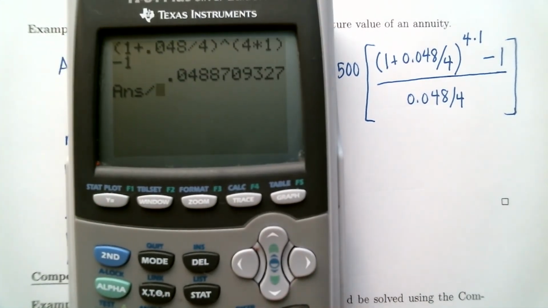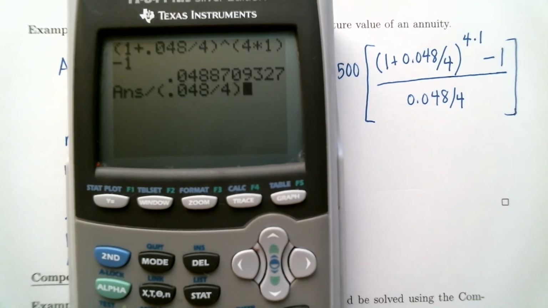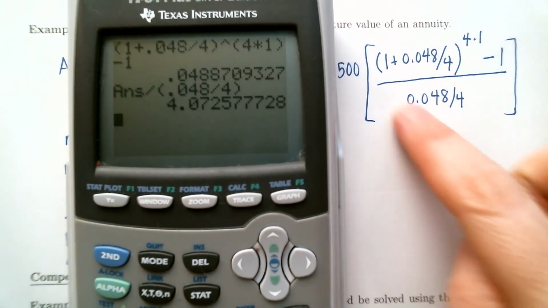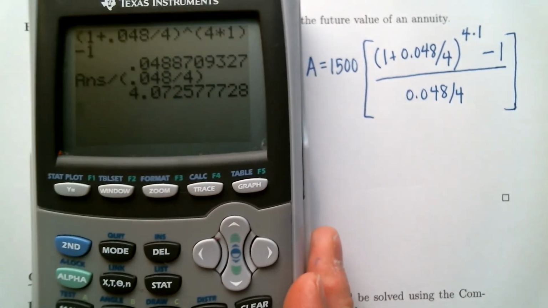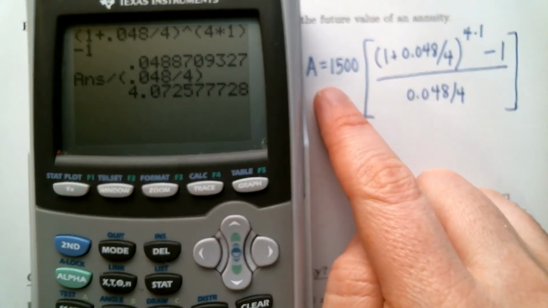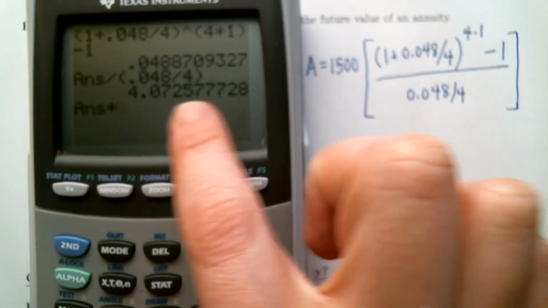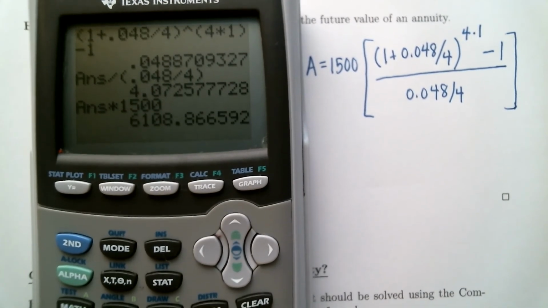Put the denominator in parentheses if you have an older calculator, just to be sure. So 0.048 divided by 4, close the parentheses, hit enter. This is going to be the quantity in brackets. Then you need to take the result and multiply it by 1500. So I'm going to do times, it's going to take my previous answer, this decimal, and multiply by 1500. That's going to give me the account balance.